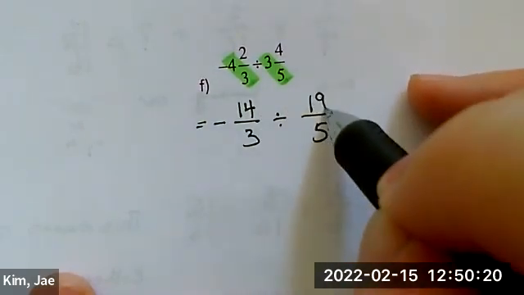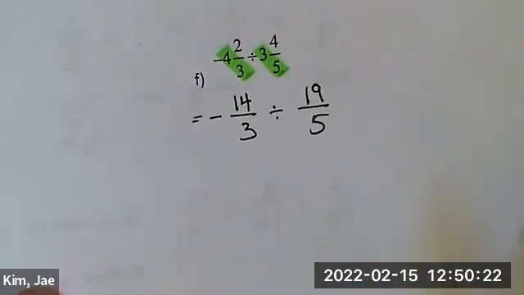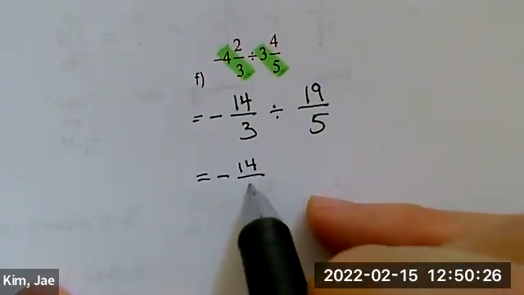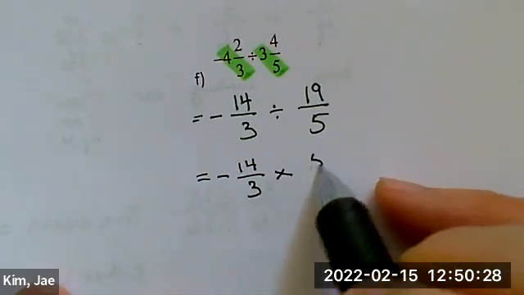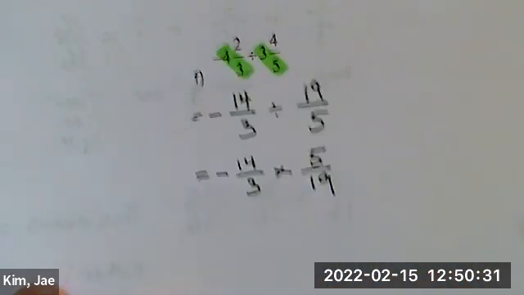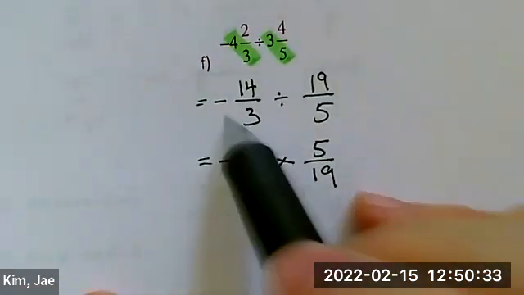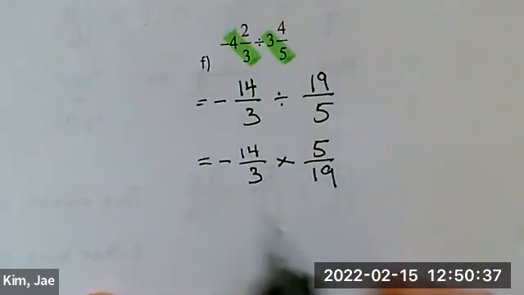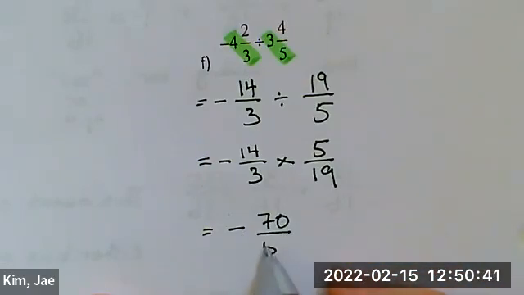Add it to the pieces I already have. There we go. And when you are dividing, it's the same as multiplying a reciprocal. I wish there were numbers I can divide out, but I do not have it. There, you're done.